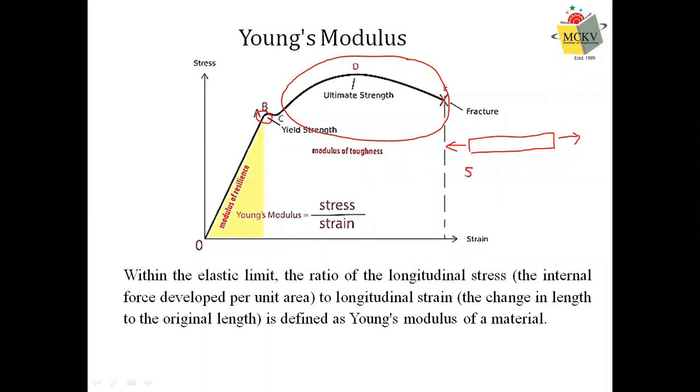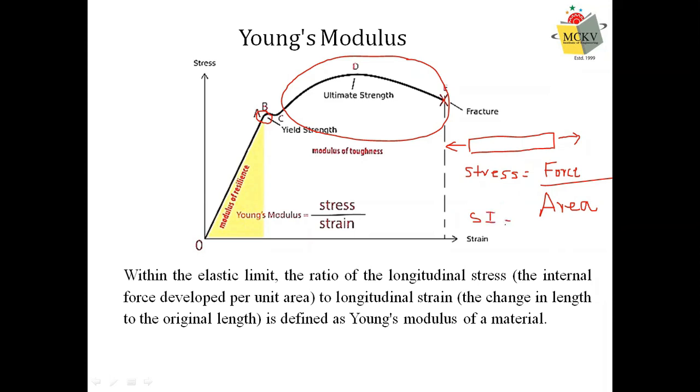In general, stress is basically force per unit area.